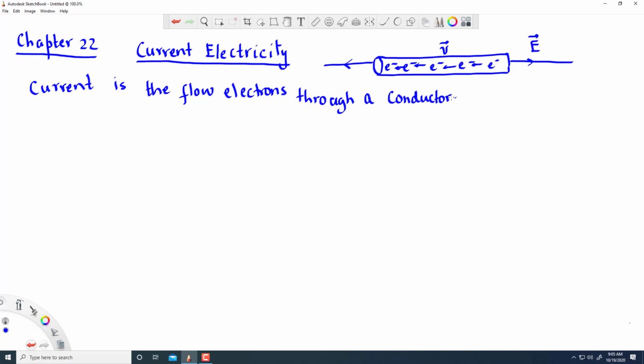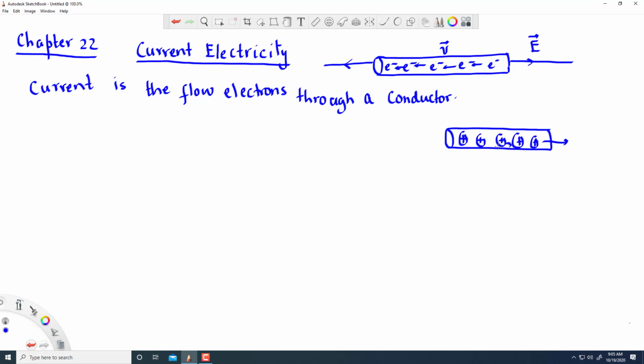So people in those days thought that the charge that flows in a conductor is positive charges, not electrons, because again people didn't know what protons and electrons are. They only knew there were two types of charges, positive and negative, and they thought the charges that flow in a conductor is positive charge. Okay, so these positive charges flow.